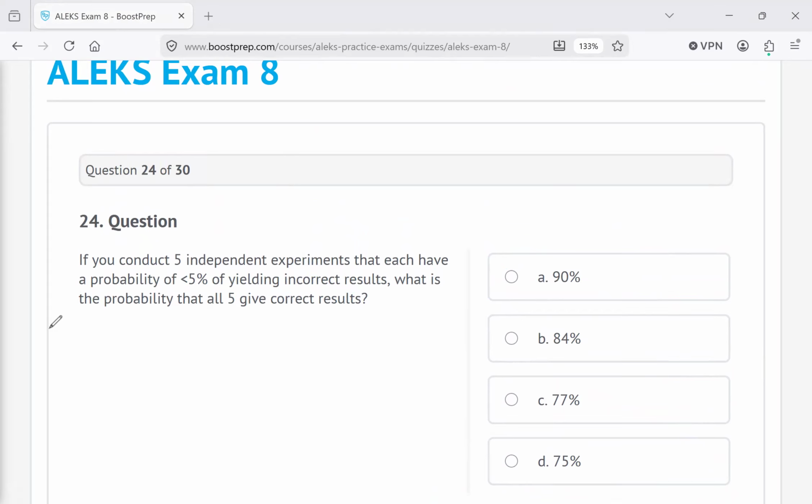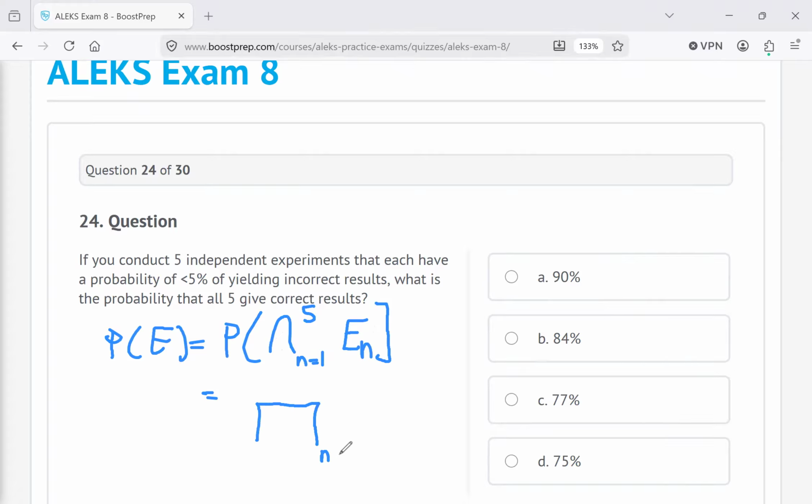It's just really the probability of E equals P. So it's just really 0.95 raised to the 5. That's it. And that is like 7%.